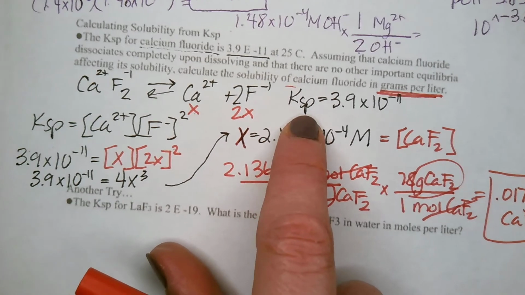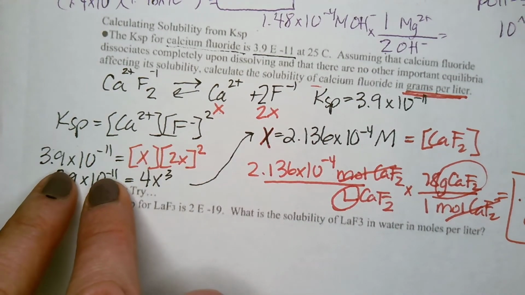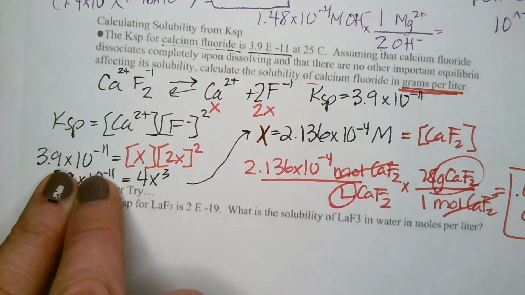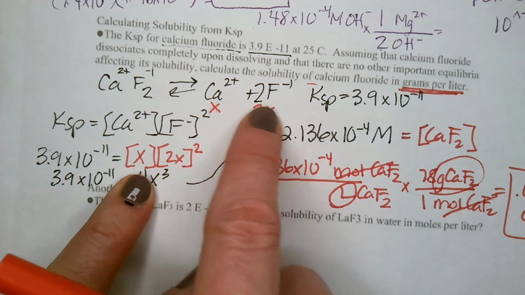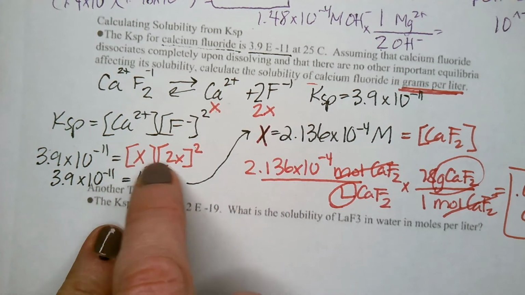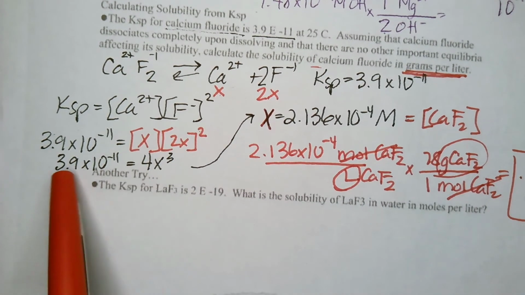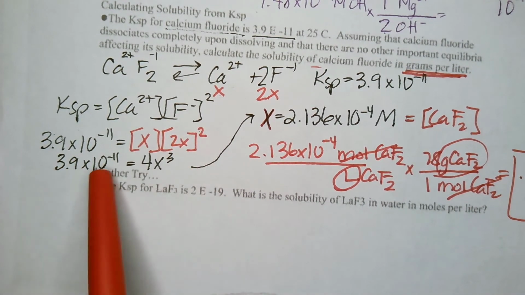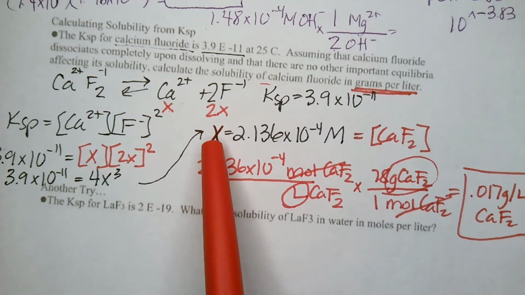We want it of our product. So we're given Ksp and we write our Ksp expression. We then plug in our given Ksp, and since we don't actually know either of these concentrations, we just say x and 2x. Then we say x, 2x, and of course we've got to square it. We simplify that, get Ksp equal to 4x cubed, and solve for x.